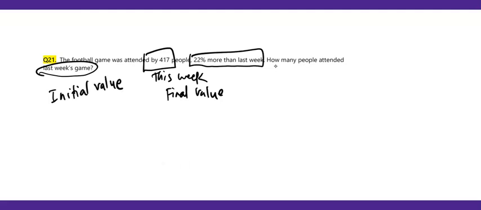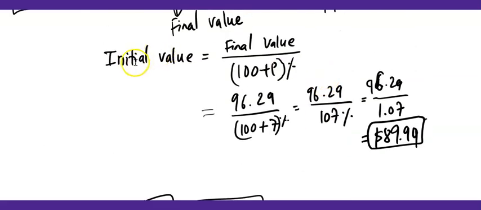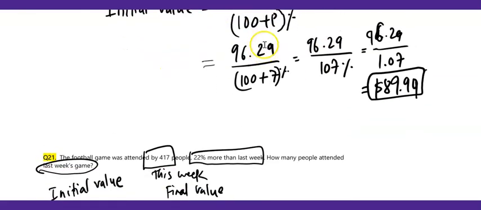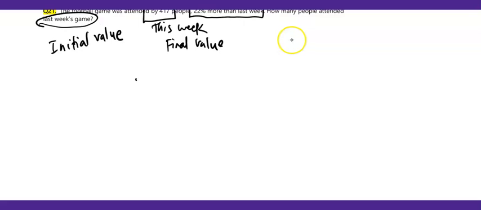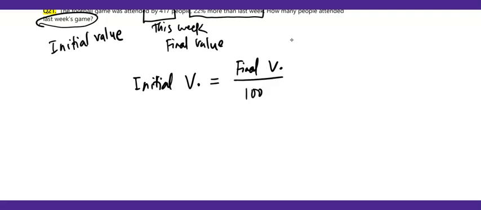So we're going to find the initial value, and we are given the final value and how many more as a percentage. So again, you have the same formula as before. Initial value equals final value divided by 100 plus p%.